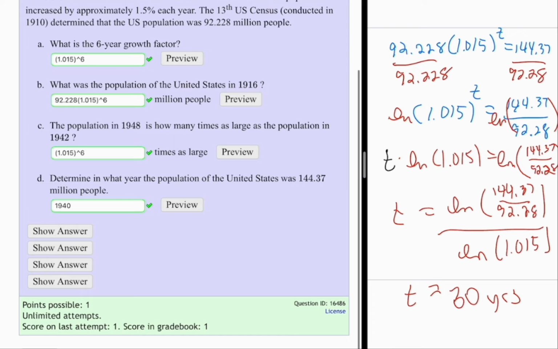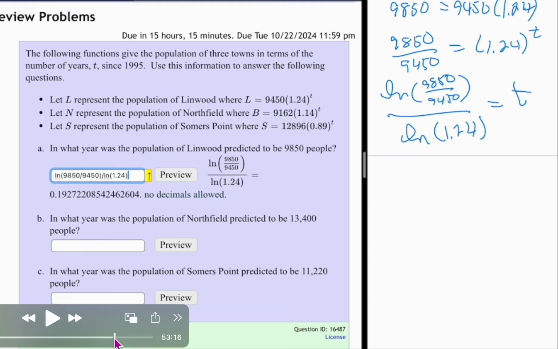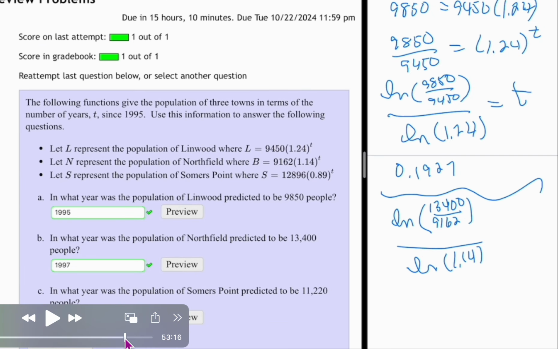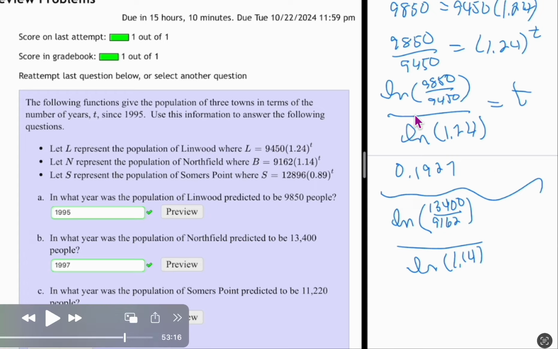Let's move on to question 21. I'll get those all turning green. Now, this one, I use that same formula again and again, okay? Same thing, the natural log of the final value divided by the starting value over the natural log of my growth factor.